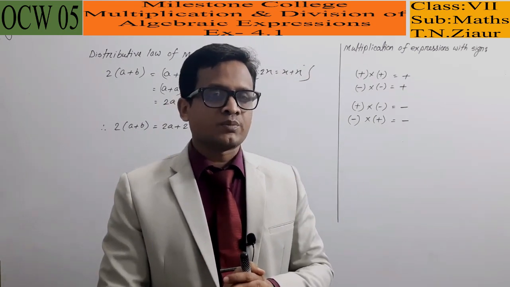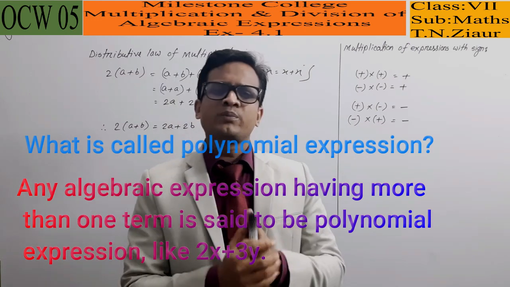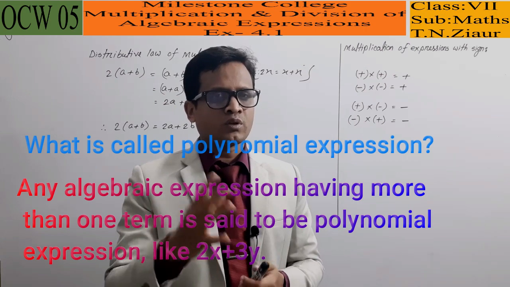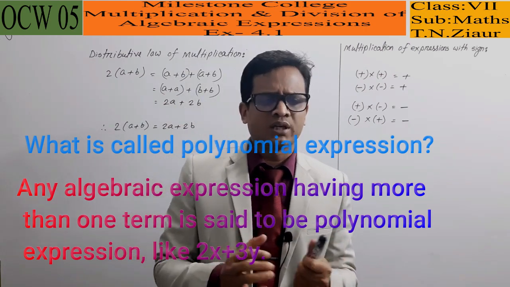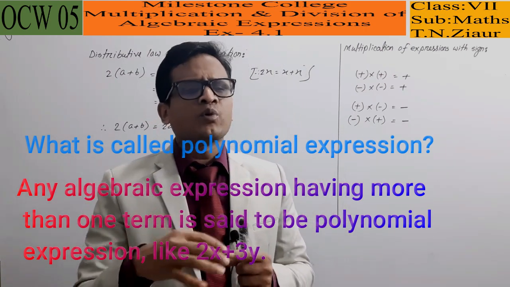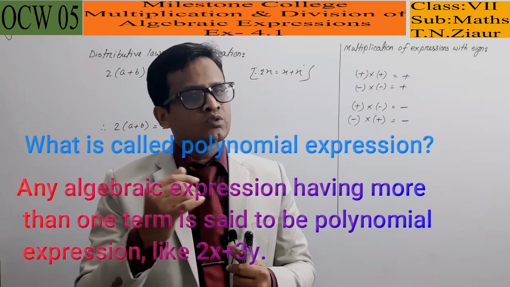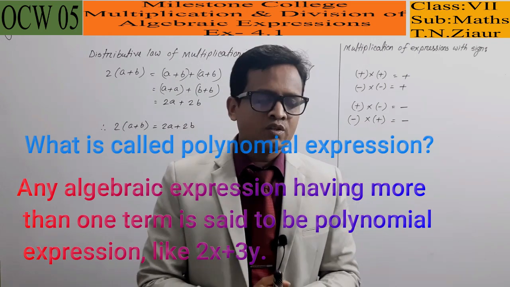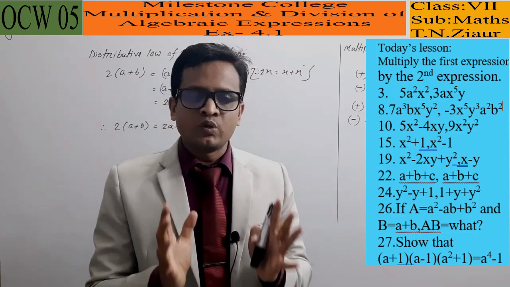What is called a polynomial expression? Any algebraic expression having more than one term is called a polynomial expression. Now dear students, have you understood this, the basic thing we have to know?